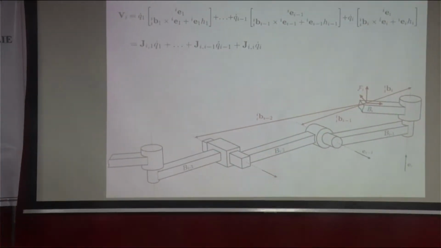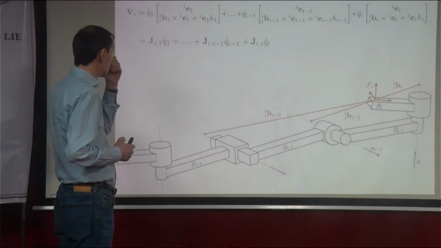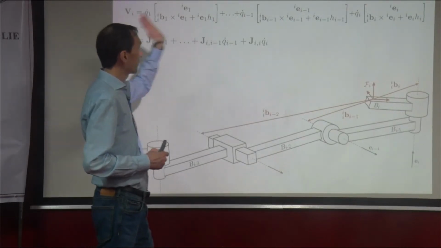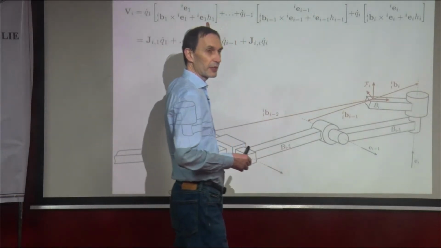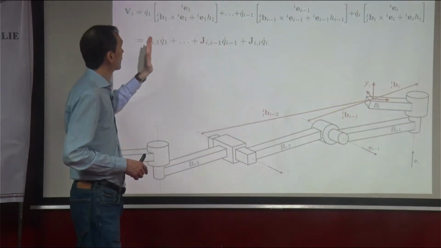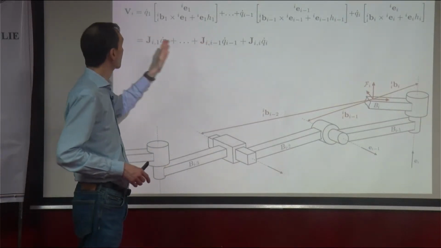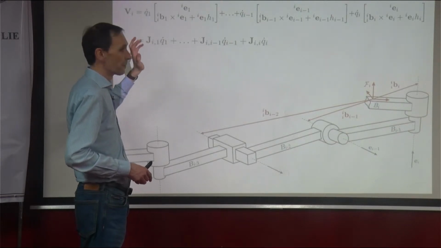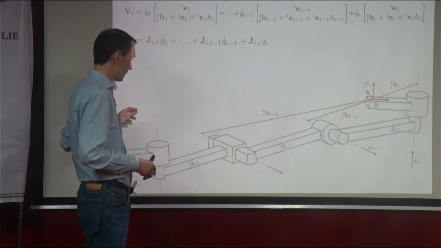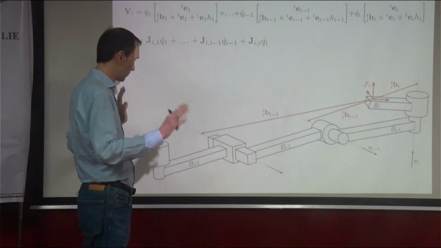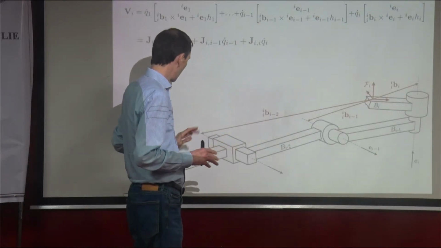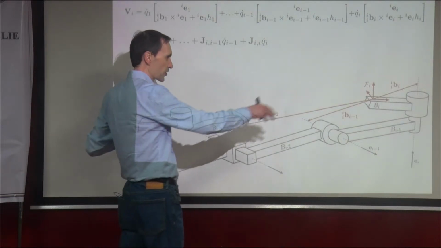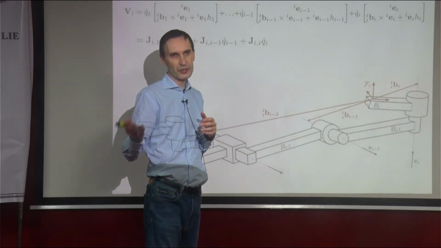So that's it. What I was saying is, now we have n vectors, n six-vectors, because we have n joints. We are generally looking at a kinematic chain comprising n bodies and n joints.